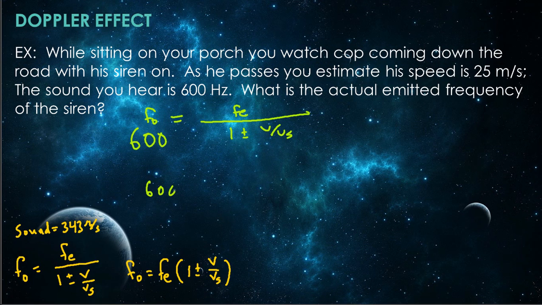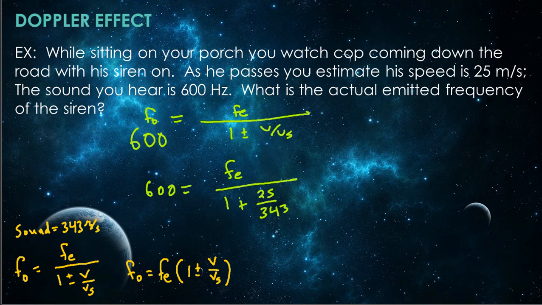So we're going to say 600 equals our emitted. 1, it is going to be it's passing, so it's going to be a plus. The velocity of the cop is 25, and the speed of sound is 343.